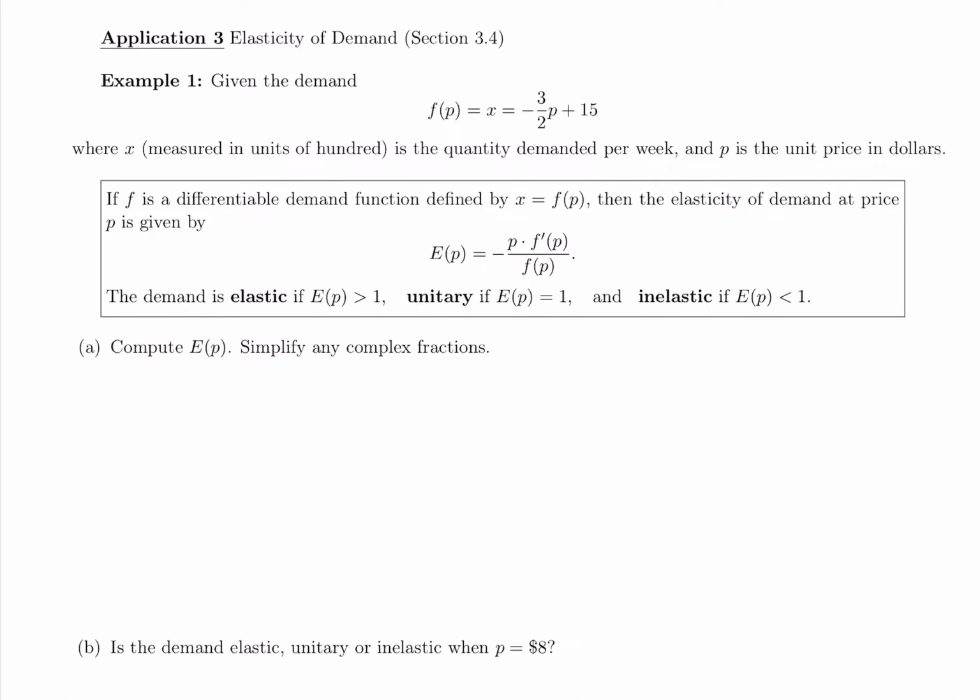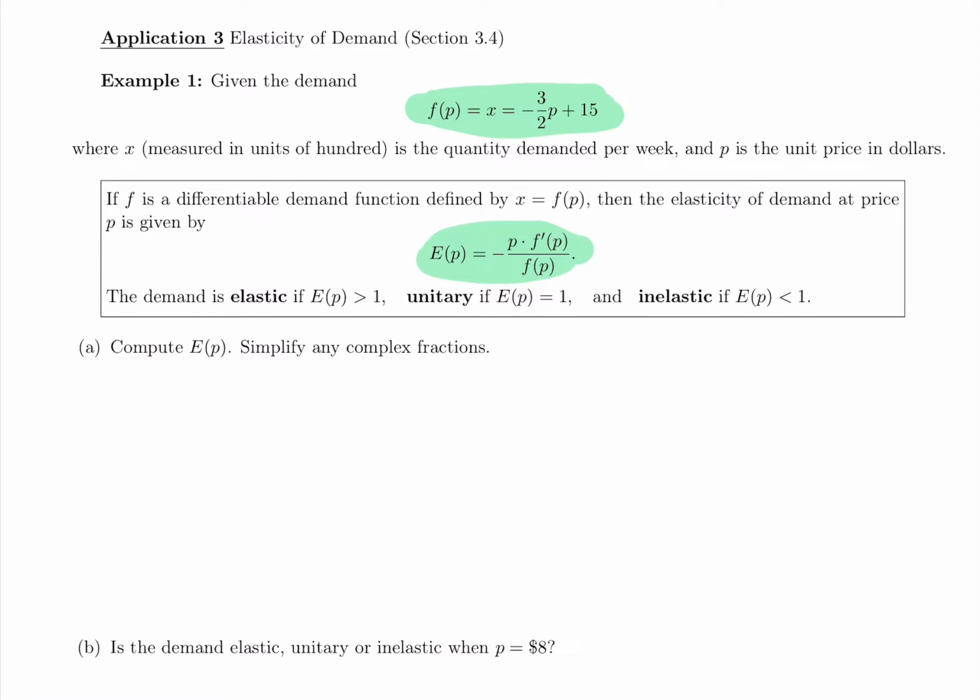So looking at this demand equation, we have f of p is negative 3/2 p plus 15. You don't even really have to understand a demand equation. We're just going to apply it to some calculus by plugging into this formula here.